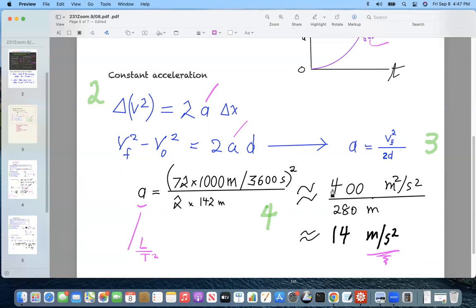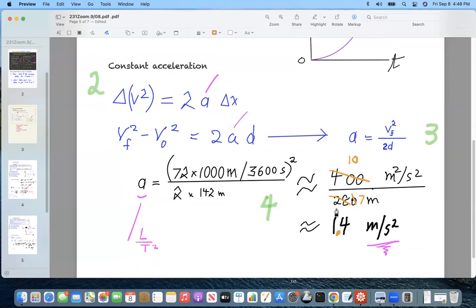Now what's 10 divided by 7? 1.4. So acceleration is 1.4 meters per second squared.